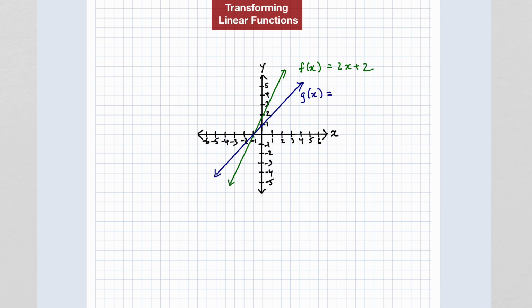Copy the same equation as f of x. Okay, except now our k value is 1/2. When this happens, we have what's called a vertical compression.